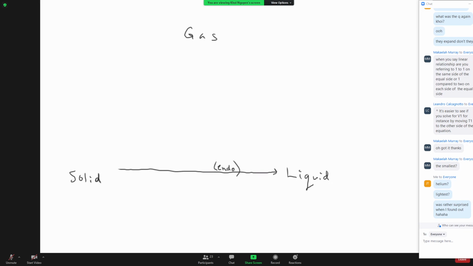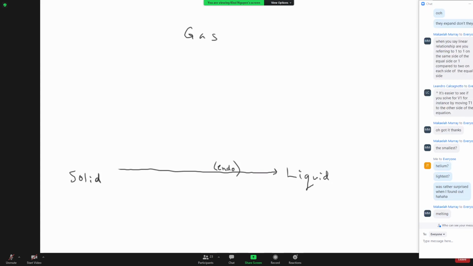What is this process called? Someone wrote changing phases. Yes, this specific phase change is called melting. Thank you, Michaela. Okay, so we had to add energy to melt something, right?